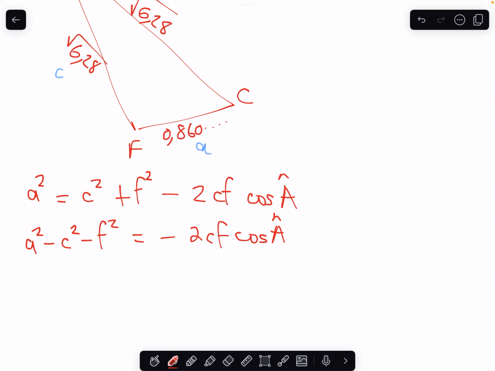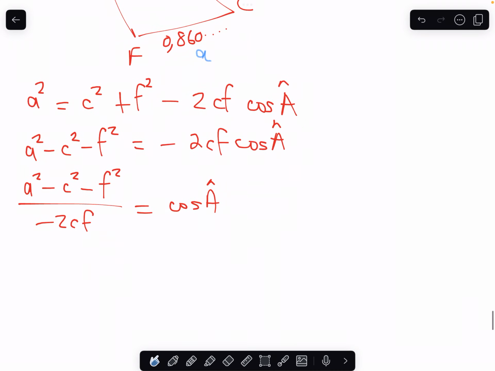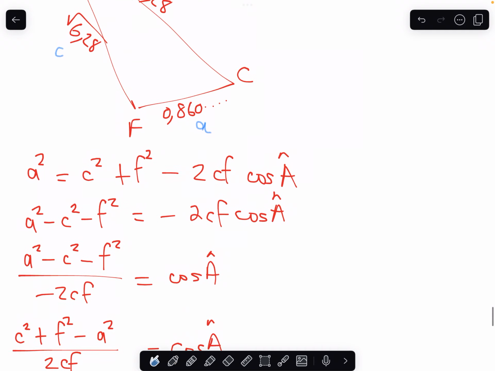Okay, divide both sides by the minus 2cf. Okay, then we can just leave it like that for now. I'm just going to divide by the negative 1, switch my signs up. So I'm going to end up with positive c squared, positive f squared, negative a squared over 2cf is equal to cos a.